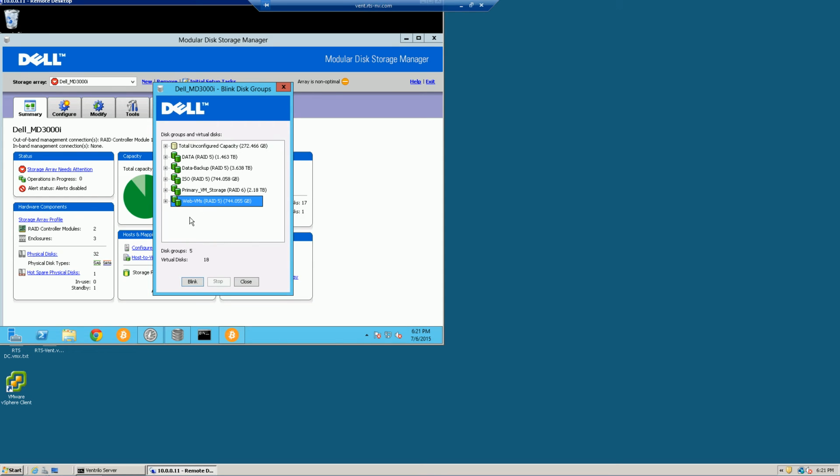Because we have a combination of RAID 5 and RAID 6, what ends up happening is RAID 5 and RAID 6 have the parity. So even though, let's say for example, our web VM, I dedicated roughly 750-ish gigs to them.